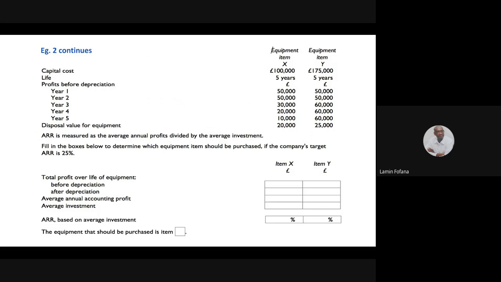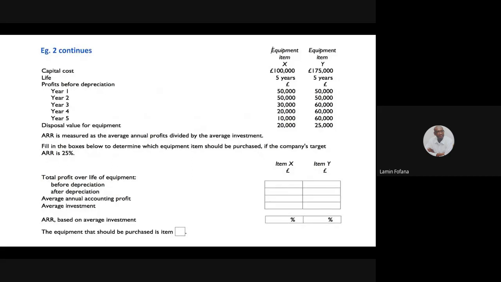Accounting rate of return is measured as the average annual profits divided by the average investment. So that's the method they want you to use. So you've been told to use what? The average method. Fill in the boxes below to determine which equipment item should be purchased if the company's target ARR is 25%.